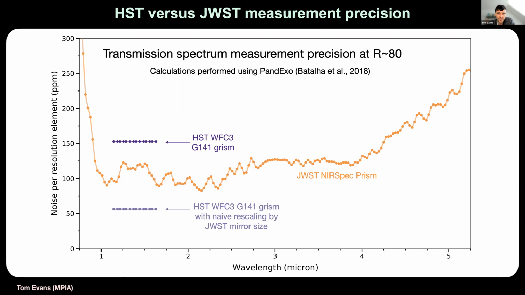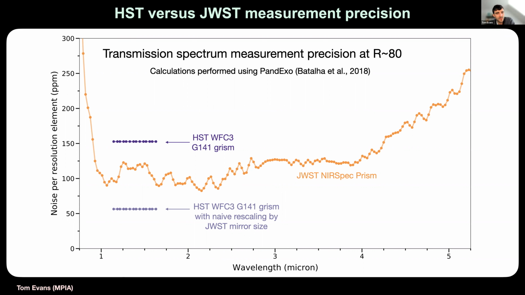But the real value of JWST, in my view, will be the fact that the light that we receive will be spread out across a much broader wavelength range, giving access to many more spectral features than we've had access to previously.